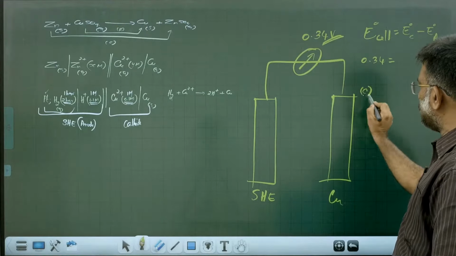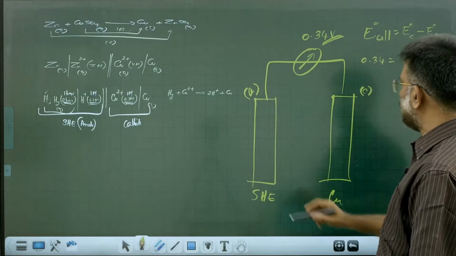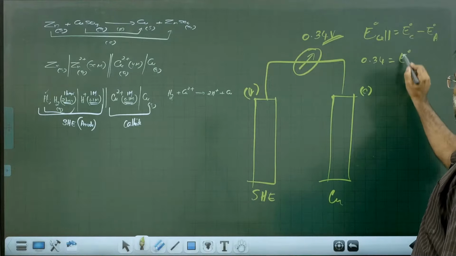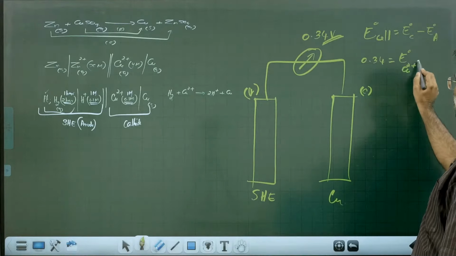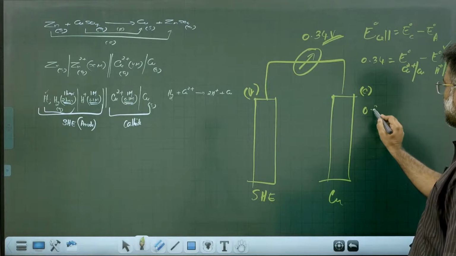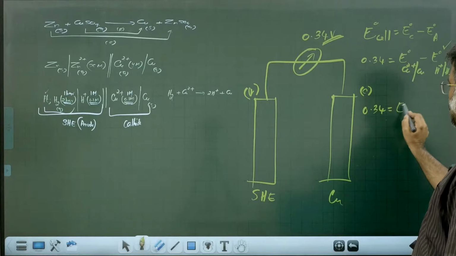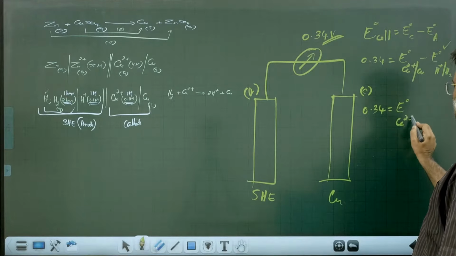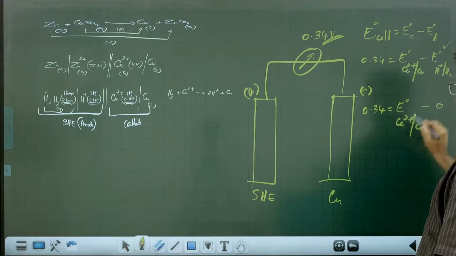Cathode is copper and hydrogen is anode. So it is E naught Cu2 plus bar Cu minus E naught H plus bar H2, and the value for this is arbitrarily fixed as 0. So 0.34 is equal to E naught Cu2 plus bar Cu minus 0.